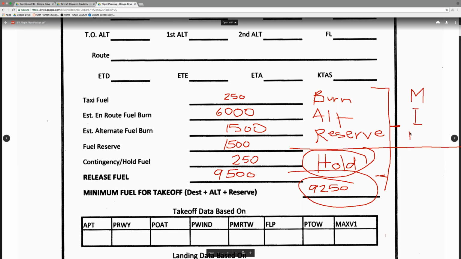M-I-N, and we'll make this our T-O. Minto, minimum takeoff. So you're just going to have to remember that these make Minto. If I ever say Minto fuel at any point during the course, you know that that's our burn, alternate, reserve and hold fuel added together. Okay?